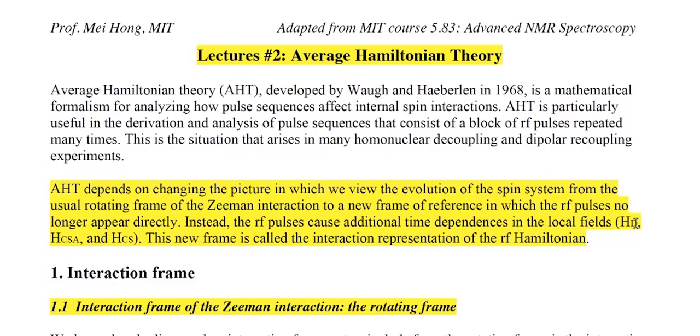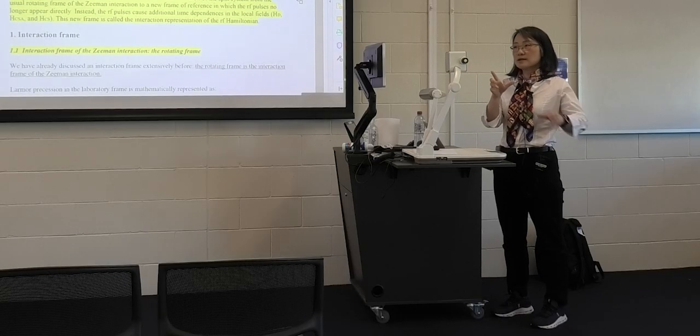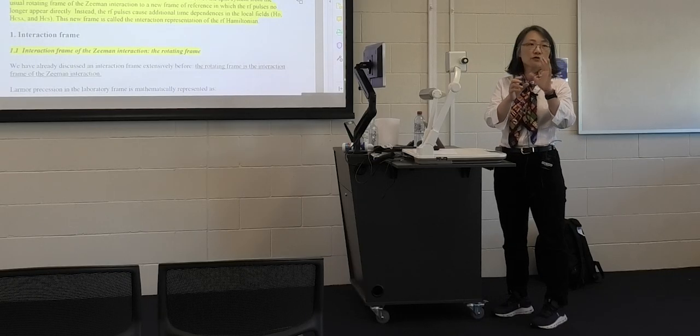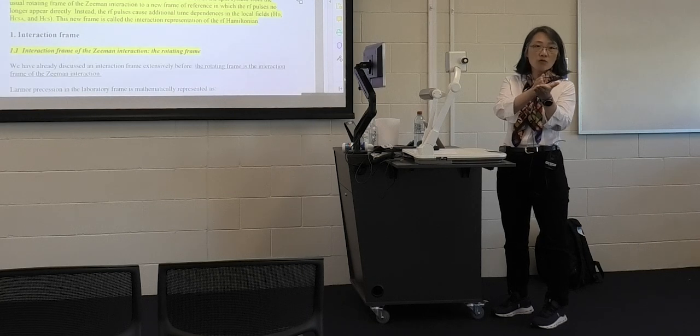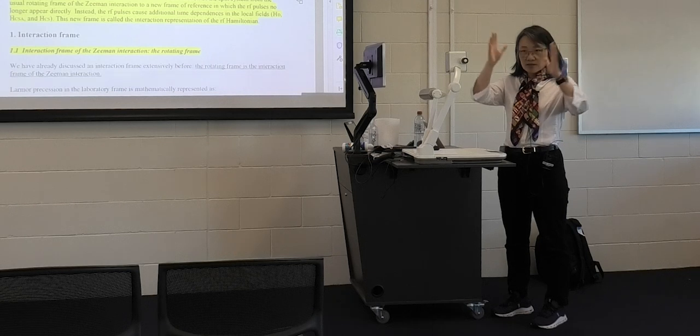The idea is to try to calculate the average Hamiltonian due to the combined effect of RF pulses as well as local fields, meaning dipolar couplings, chemical shift, all of these spin interactions. And once you have that average Hamiltonian, then you can apply the von Neumann equation and see how rho, the density operator, would evolve in time under that average Hamiltonian. So that's the goal, all right?